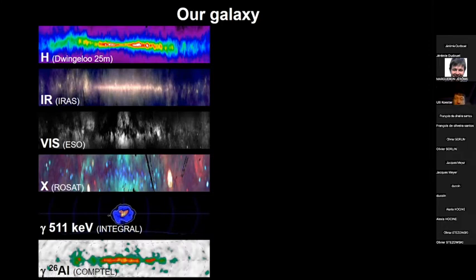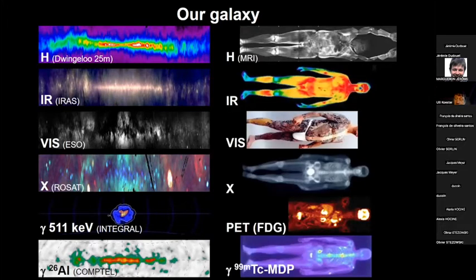And actually, such multispectral observation has a similarity in medicine, because medicine is also using many different methodologies. So we have MRI imaging for seeing the hydrogen distribution, soft tissue. Infrared would show some differences in temperature, surface body temperature.